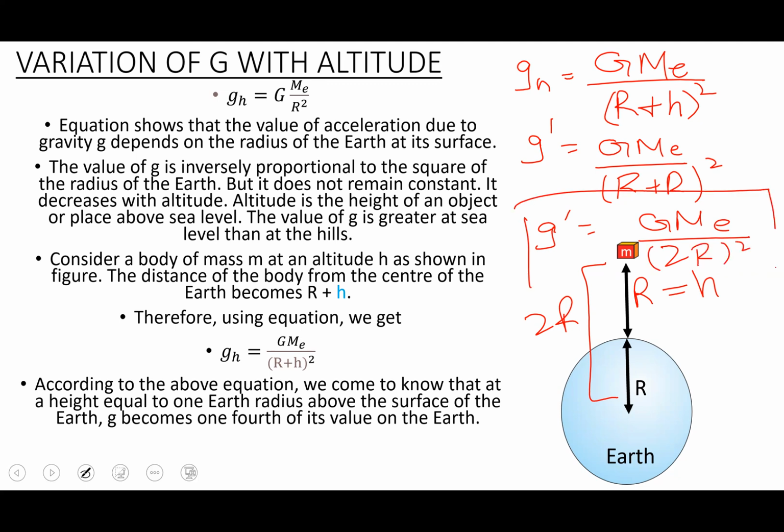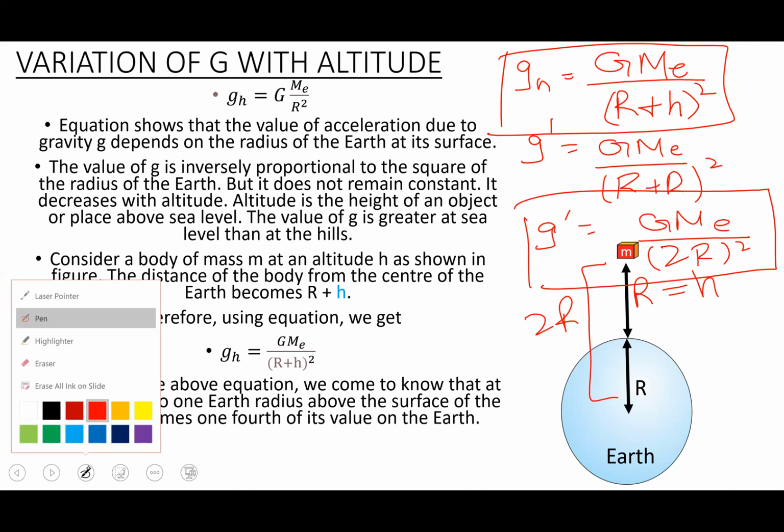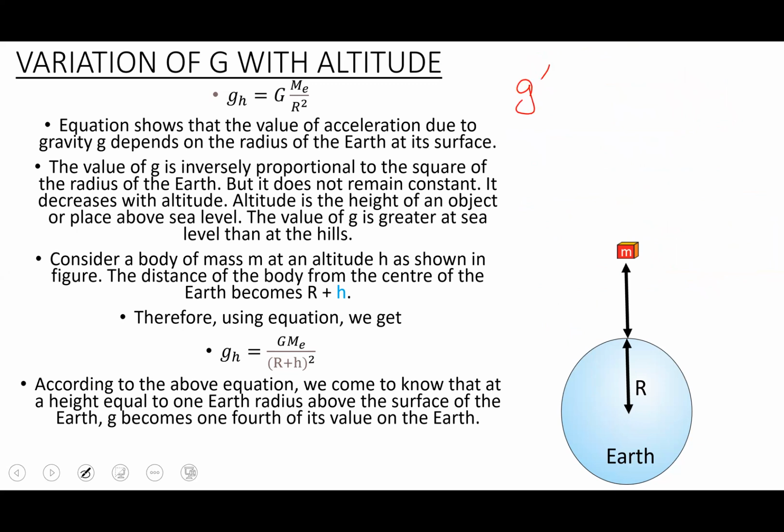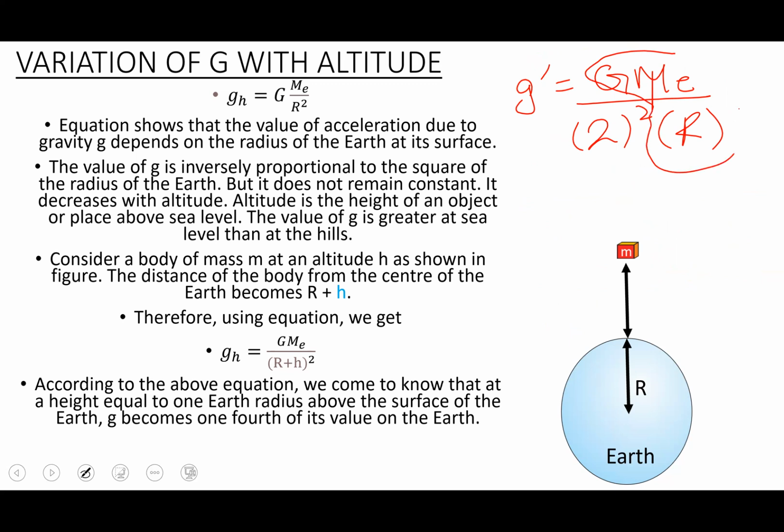Now, this formula is quite similar to the earlier formula, but there is a 2 square involved in this one. If we separate the 2 out, G dash will be equal to GM_e divided by 2 square into R square. So this much part over here is equal to g_h basically.